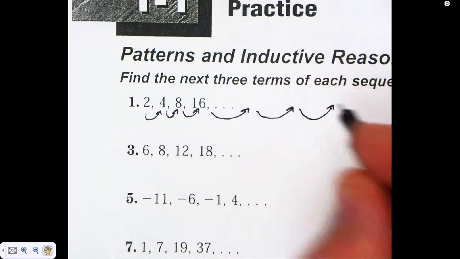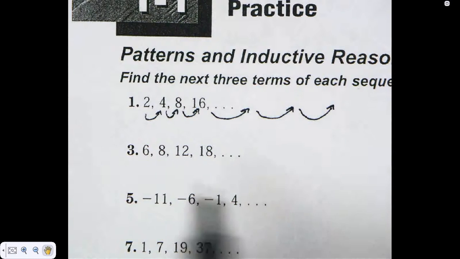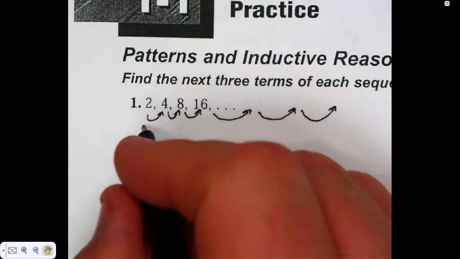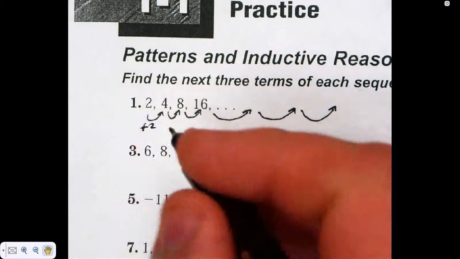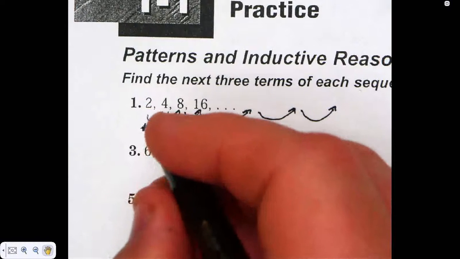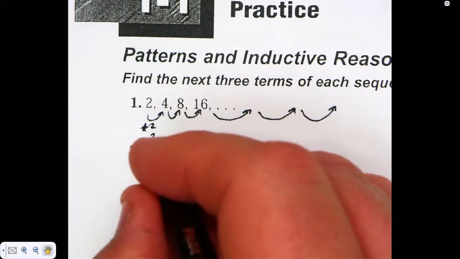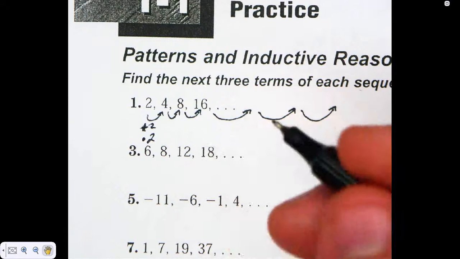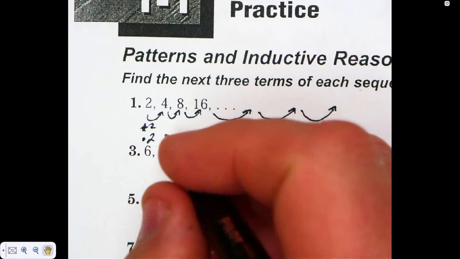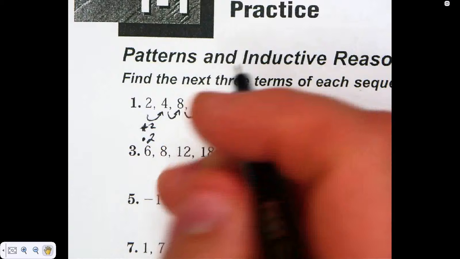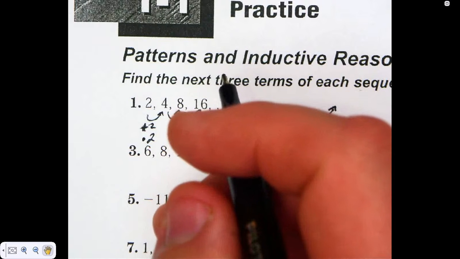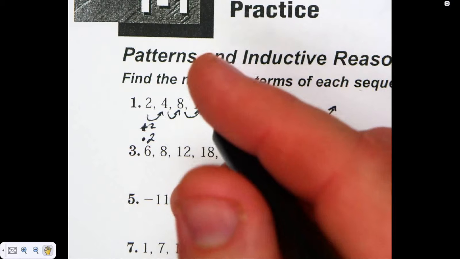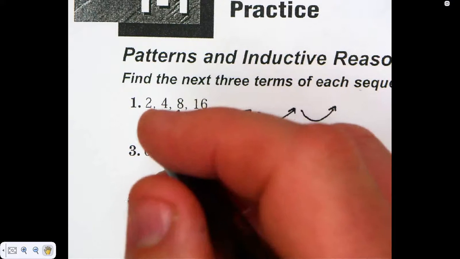Some of you may know, some of you may not. Well, how could we get from 2 to 4? I could add 2, right? I could multiply by 2. You could have added 6 and minus 2, it'd be the same thing, or minus 4.